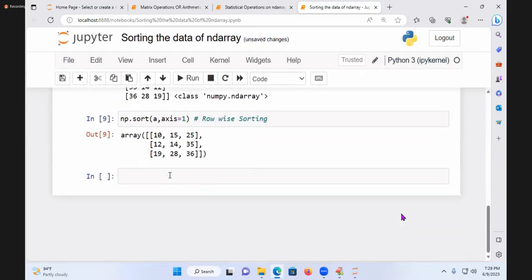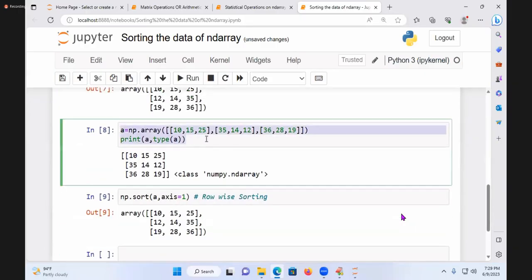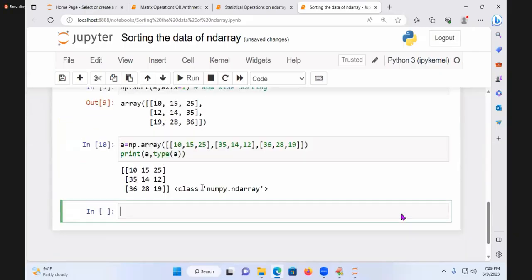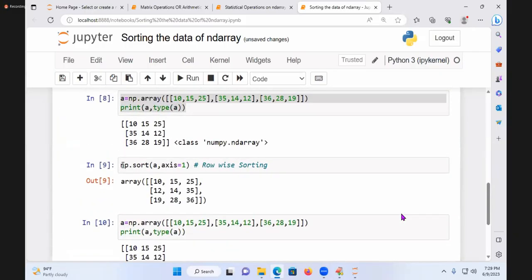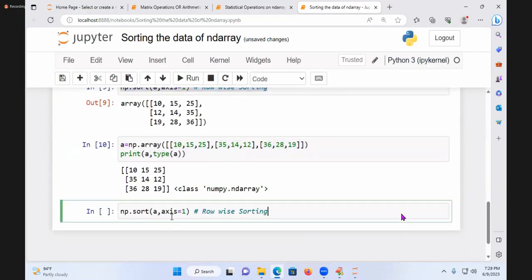Now I want to go for column-wise sorting. Do you know how to do column-wise sorting? Axis is equal to 0. What is this now? Column-wise sorting.